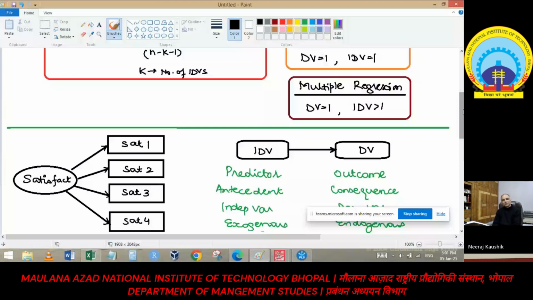Sir, in simple regression there is one independent and one dependent variable, so there must be 2 variables. In multiple regression we should have more than one construct. So these are the items representing here, not the constructs.